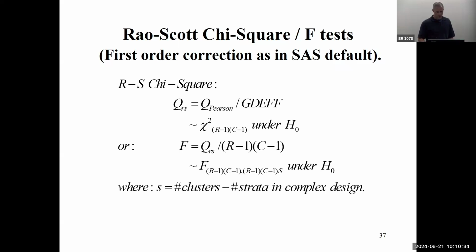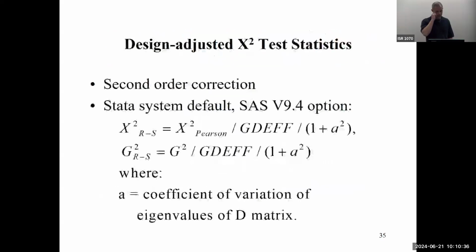When you do the second order correction, where you're also scaling the generalized design effect itself by 1 plus the squared coefficient of variation of those eigenvalues, that makes the degrees of freedom computation even more complicated. We didn't show the formula for that because it's quite ugly, but that's what leads to the decimal degrees of freedom that you see in some of these examples.